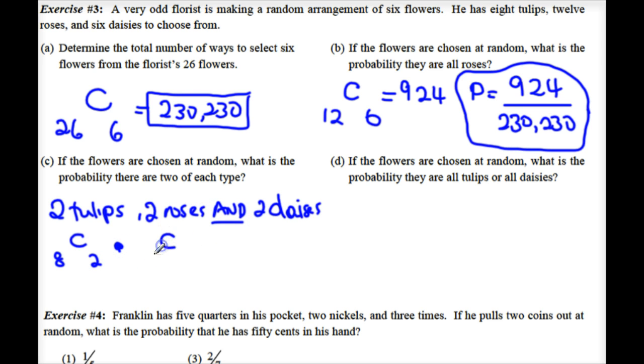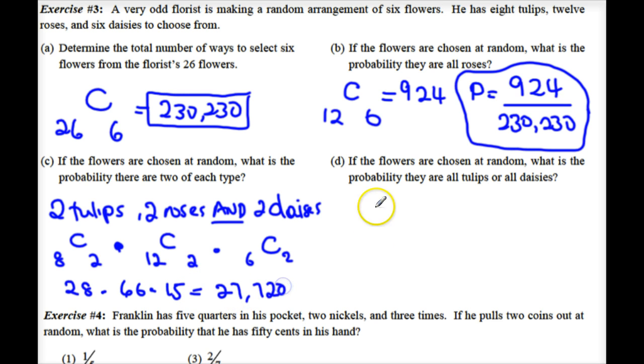There are 12 roses, and we only need 2. And then there are 6 daisies, we need 2. Now looking at this, we get 28 times 66 times 15, which will give me 27,720.